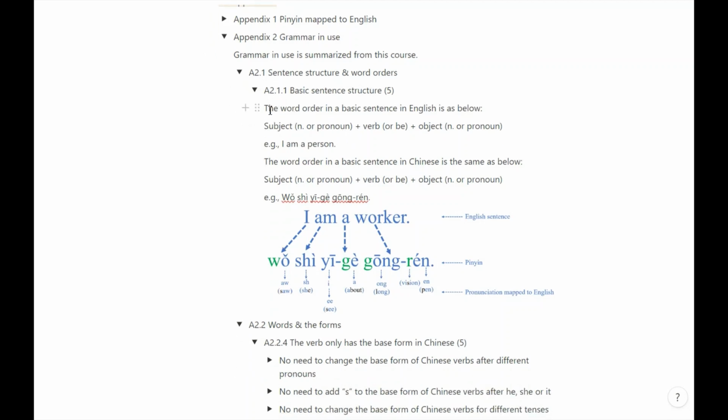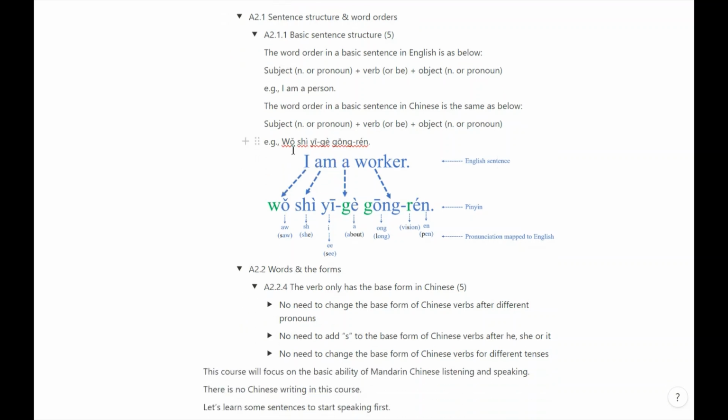For example, the word order in a basic sentence in English will be subject plus verb plus object. For example, I am a person. It's the same. The word order in a basic sentence in Chinese is the same as below: subject plus verb plus object.